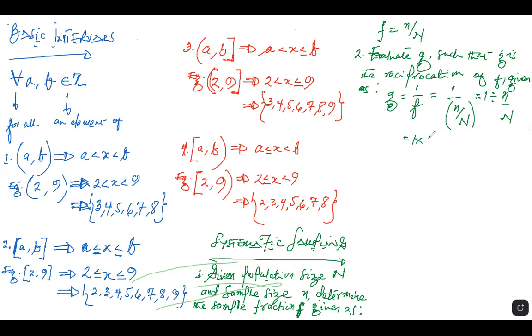So 1 times big N over small n, and this gives you big N over small n.